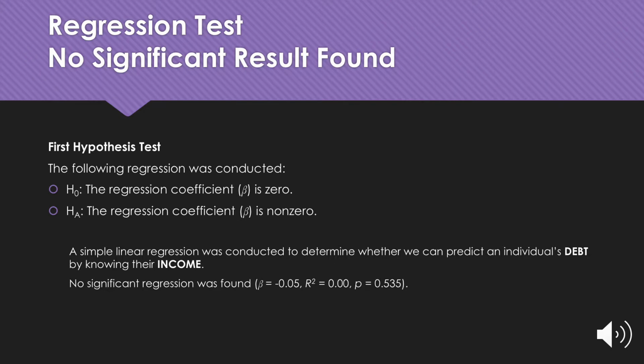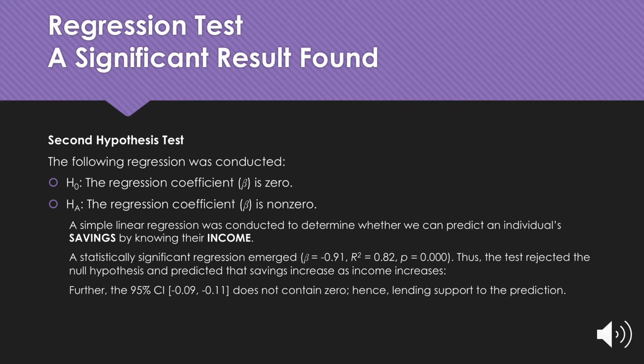Second regression test. The second hypothesis test stated a null hypothesis that the regression coefficient is 0 and the alternative hypothesis that the regression coefficient is non-zero. A simple linear regression was conducted to determine whether we can predict individual savings by knowing their income.